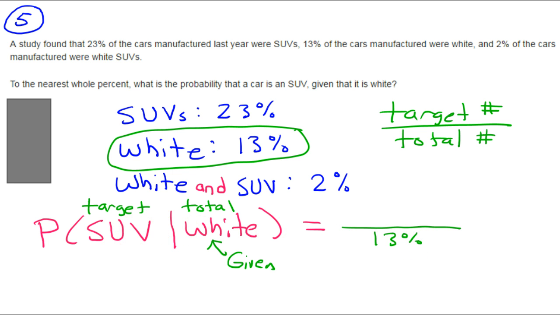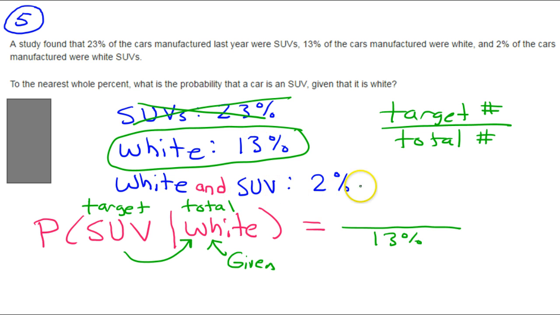Okay. Now here's the tricky part. Yeah, my target is SUVs, but my target is not just all the SUVs. It's just the white ones. All right. Remember, this is the universe now. We're only talking about white cars. Only white cars exist. So we're not talking about the 23% of SUVs that were made.